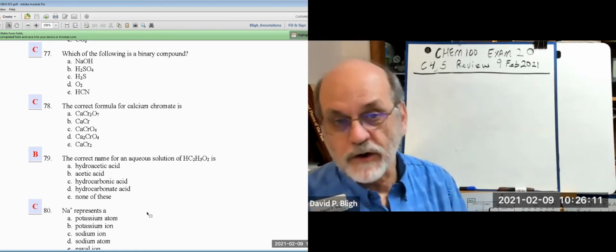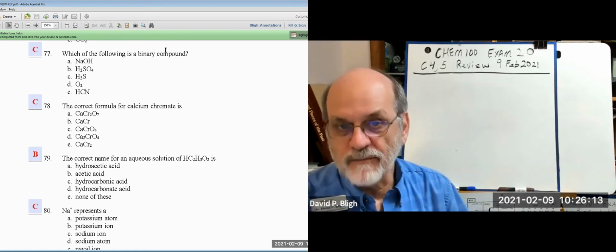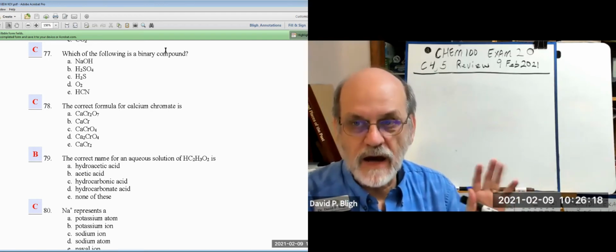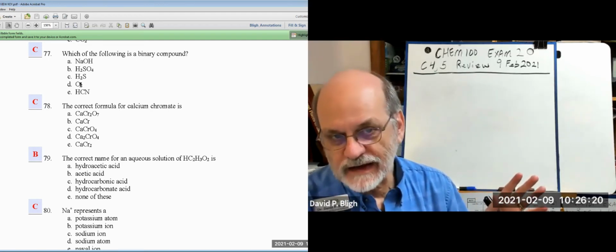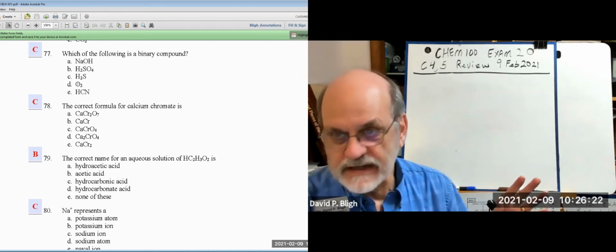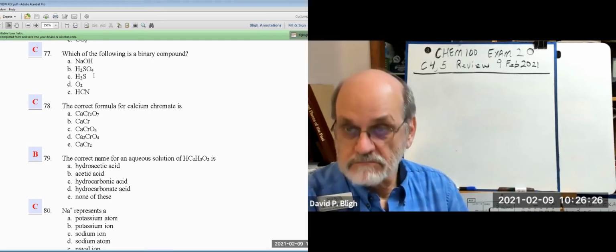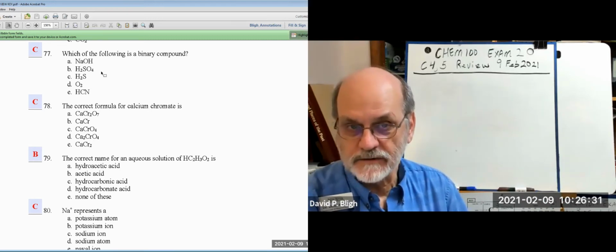Okay? Well, first of all, which of these are compounds? You have to have 2 different elements or more to have a compound. So that lets oxygen out. D cannot be a compound. The others are compounds because they have 2 or more different elements.